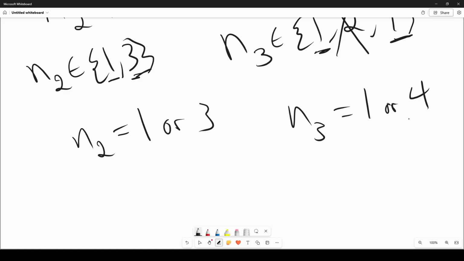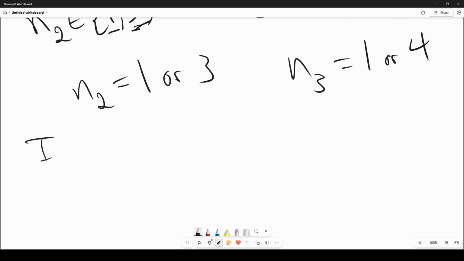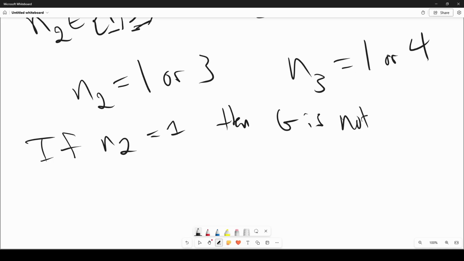If n2 is 1, then G is not simple, since we just proved that if np is 1, then the p Sylow subgroup is normal, so G is not simple.